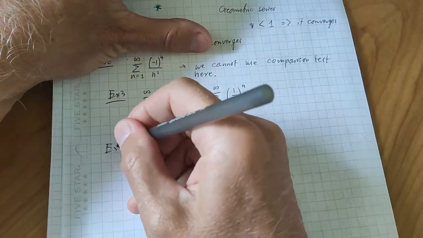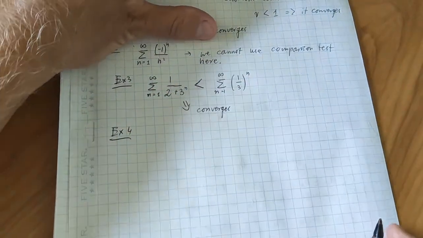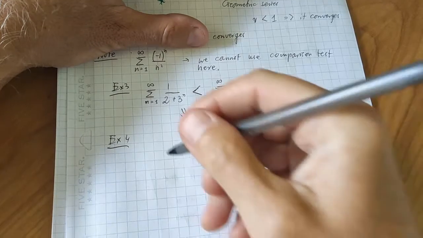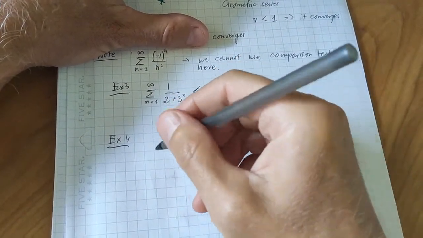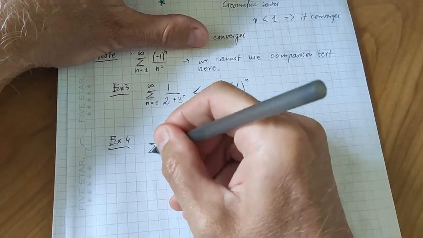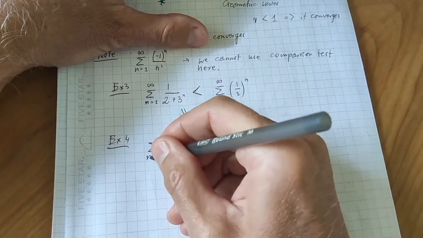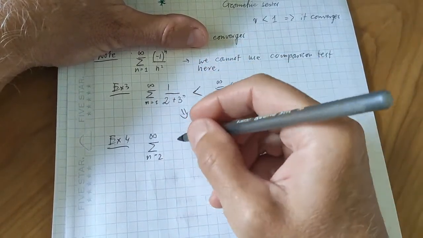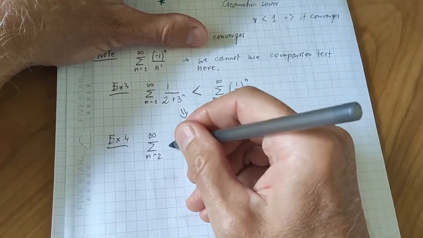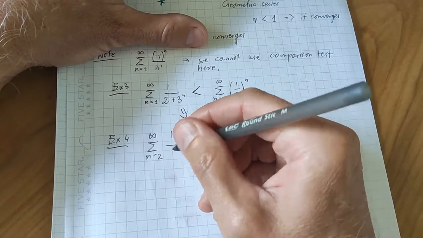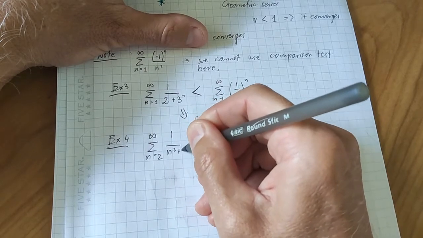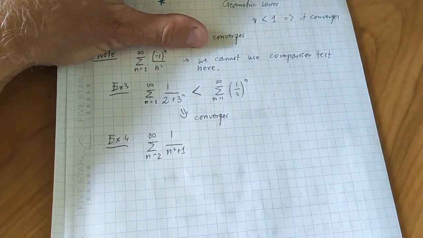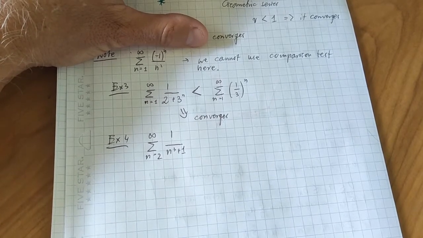Okay, maybe you guys can do one on your own. So example 4. So let's try something like this. N equals 2, from 2 to infinity, and my series looks like this. So n cubed plus 1. Okay, so why don't you guys try this on your own? So pause the video and figure it out.